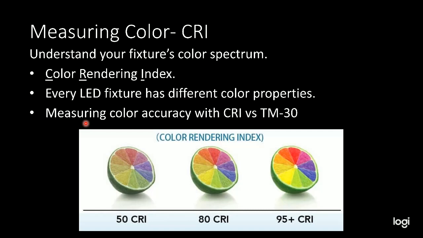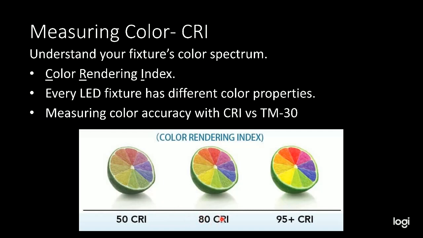So one of the earliest ways of doing this was with something called a color rendering index, or CRI. Every LED fixture has different properties, and the color rendering index is a method of measuring color quality. You'll see at a CRI here is a rainbow colored fruit. I don't know what that would be, but at a color rendering index of 50, the fixture does not produce very complex wavelengths and therefore is not able to produce the vibrancy of this color.